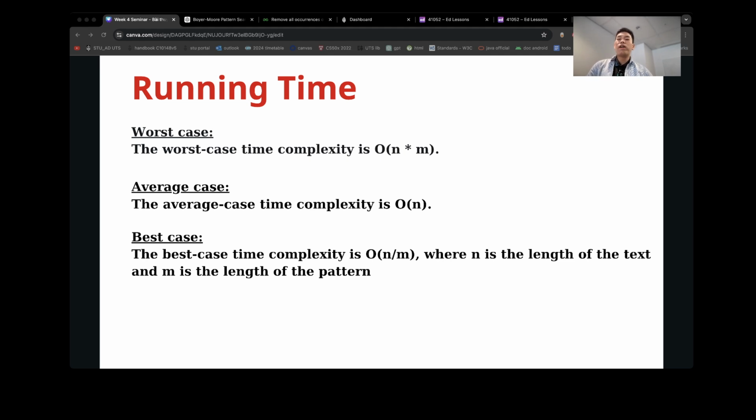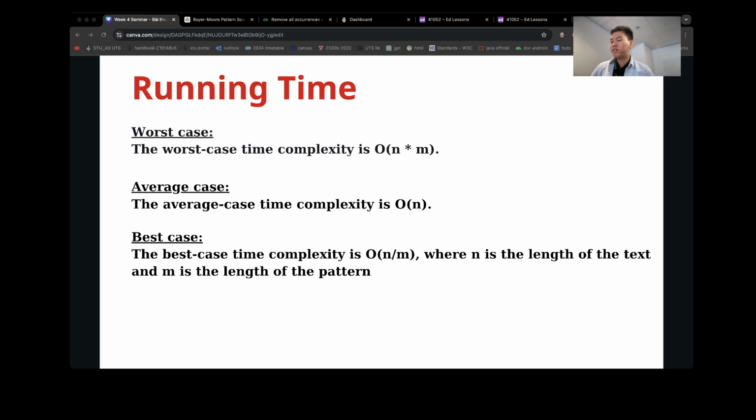This can happen when the pattern consists of repeating characters and the text is also built from similar characters, so the text contains many substrings that partially match the pattern but only differ in the last position. That's why you have to do n times m comparisons to check every position in the text.